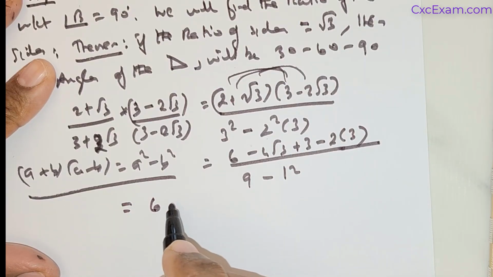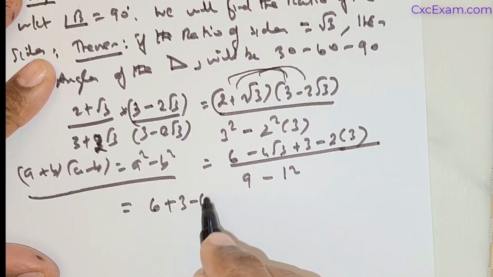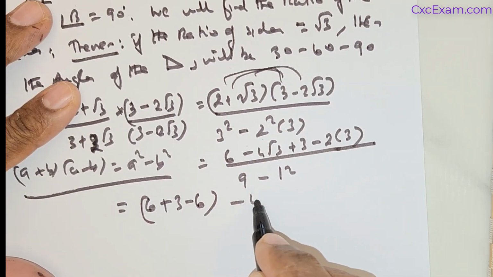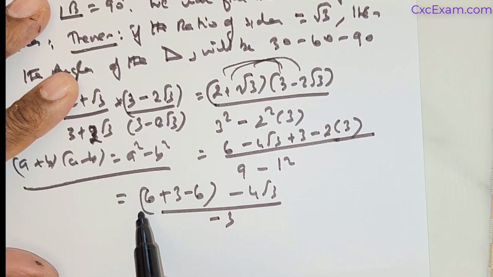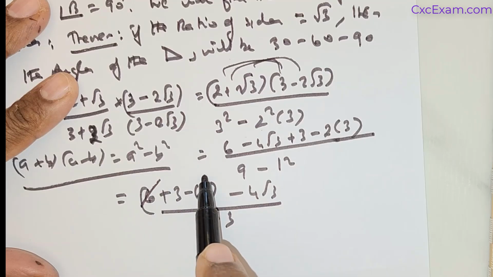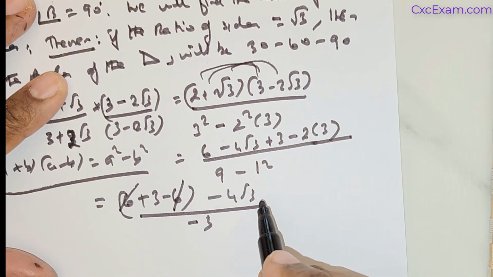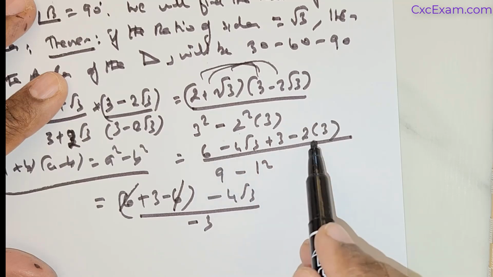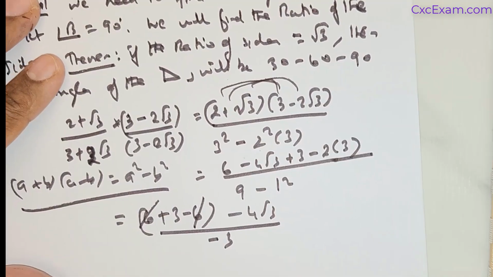So this is 6 added with 3, and then you subtract 6 out, and then you have 4 times root 3 divided by 9 negative 12 is negative 3. Now positive 6 negative 6 goes off, so you have 3 negative 4 times root 3. So let us check if everything is rightly evaluated.